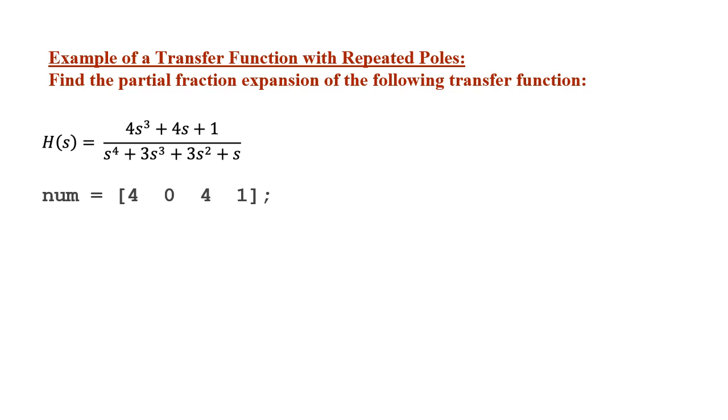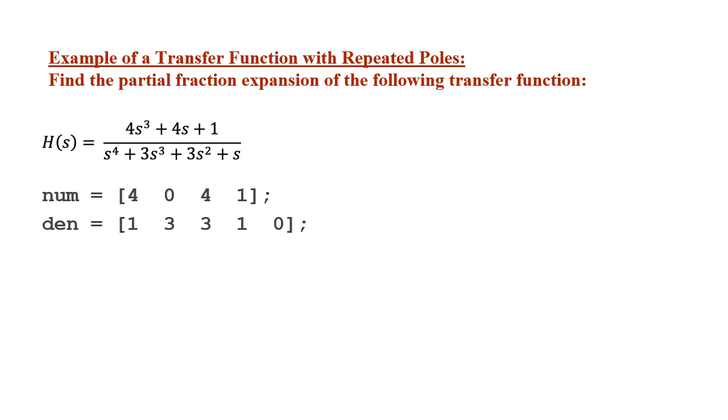Notice that the s squared term is missing from the numerator. That's why in place of it we put a 0, because its coefficient is 0. Now for the denominator, we're going to write 1, 3, 2, 1, and then finally 0, because there is no constant in the denominator, so in place of it we're going to put a 0.